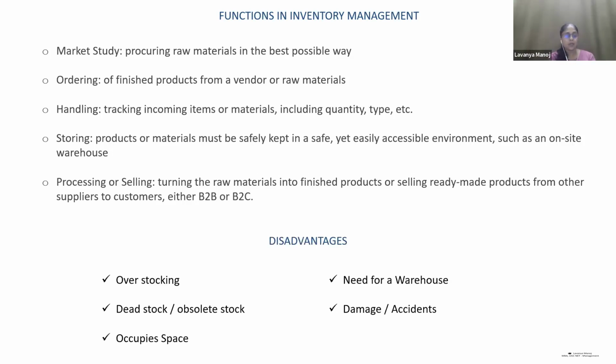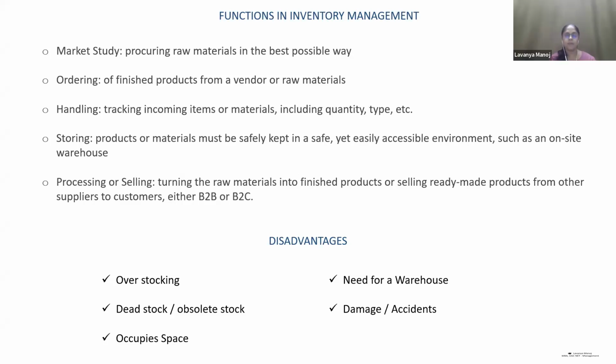So what are the disadvantages? That is the limitations of holding the inventory: overstocking. As the raw material prices go down, companies procure more and overstock the product. Or, anticipating or forecasting that in another one or two months the demand may be more, they may procure more product or produce more product and keep it as stock in their storage unit.